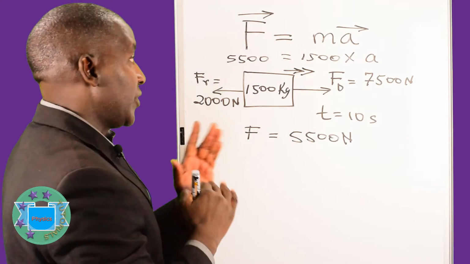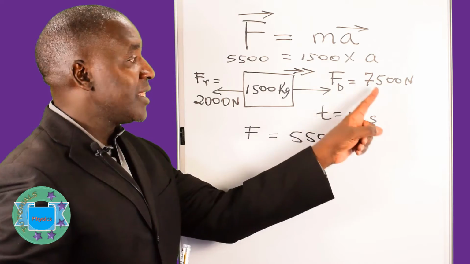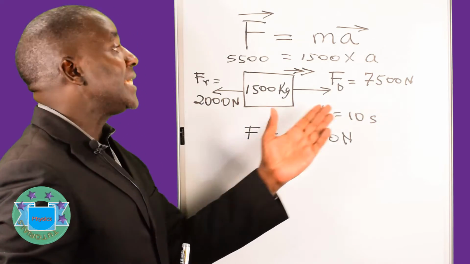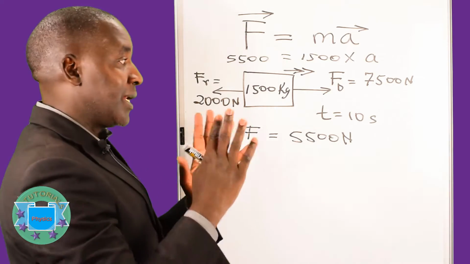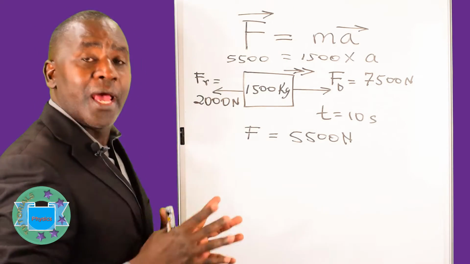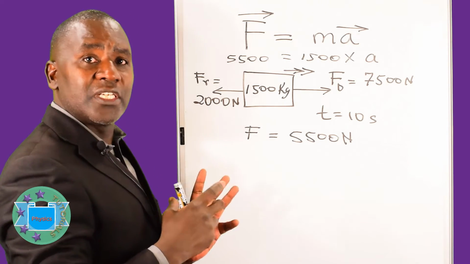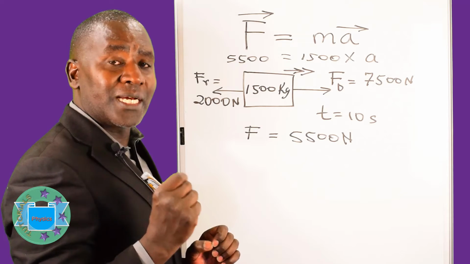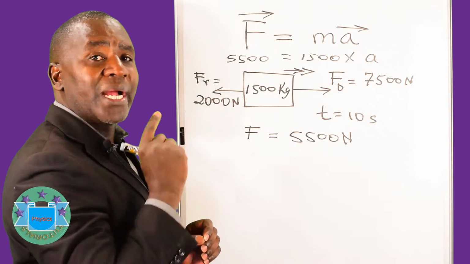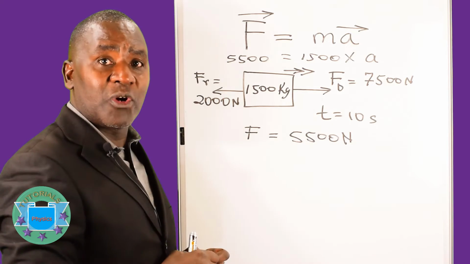So understand, when you're using this equation, the force you use here is not this one, it's not this one, it is a combination of the two, or any other number of forces acting on the object. I've taught you how to work out the resultant force acting in a given situation, even if they are not parallel to each other. And if you've not watched that video, make a point of watching that video because it has everything that we are talking about here.